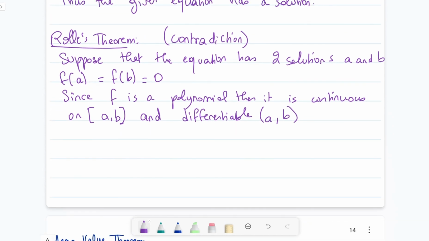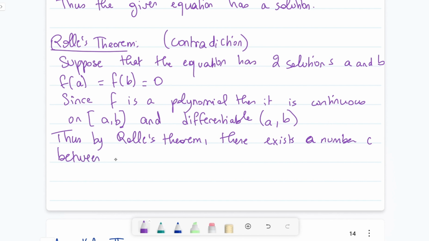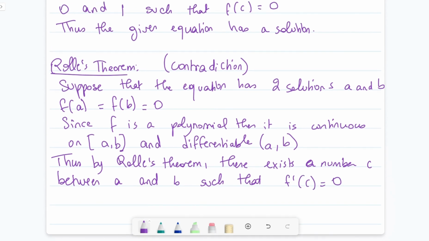Because of that, we can now apply Rolle's theorem. Thus, by Rolle's theorem, there exists a number c between a and b such that the derivative at c is equal to 0.